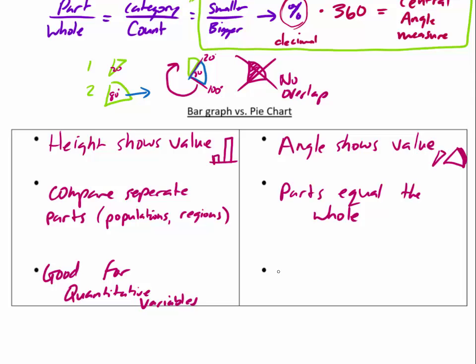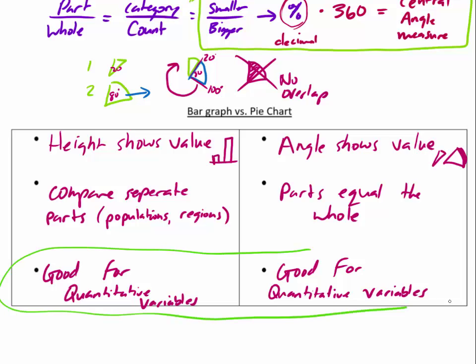So this is actually a common thing that they have. They're both good for quantitative variables, so that actually goes across both types of graphs.